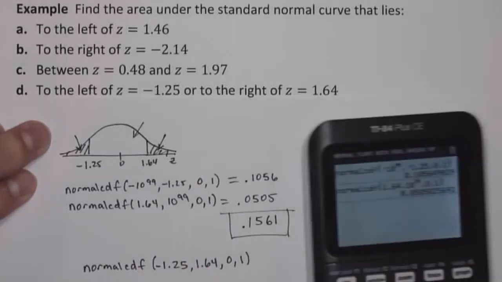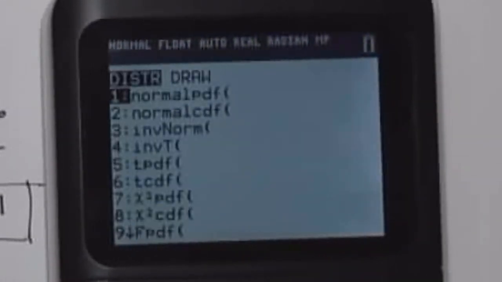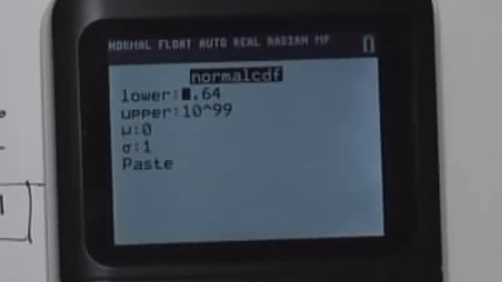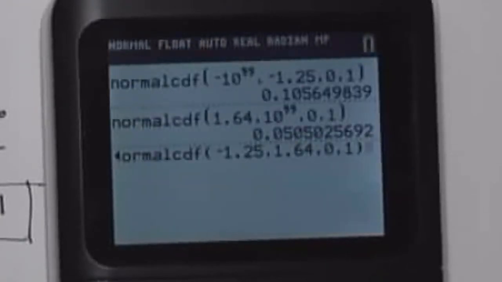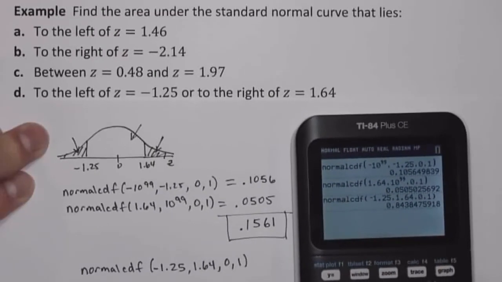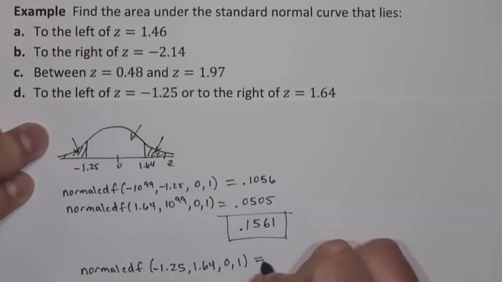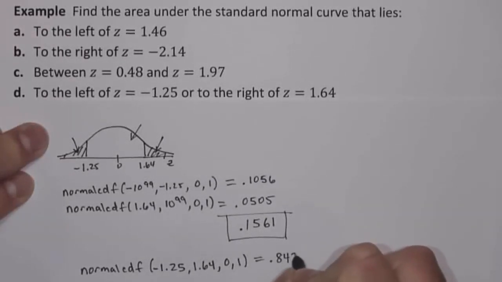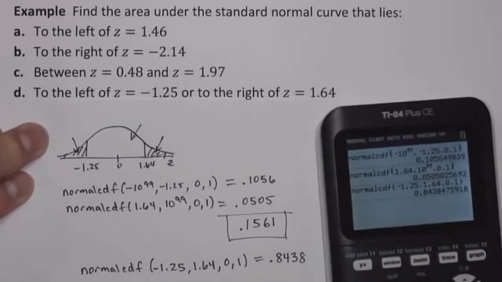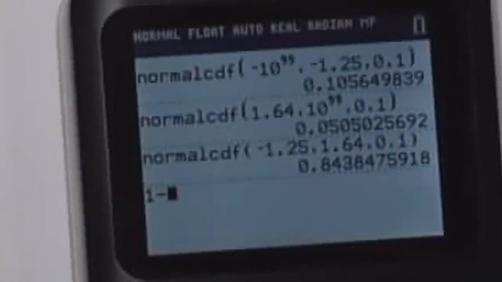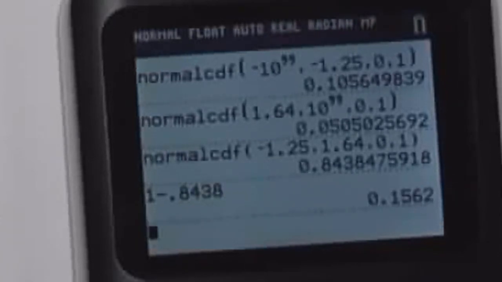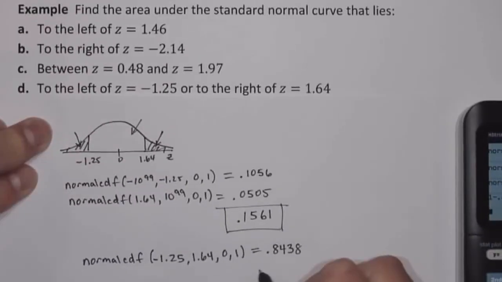So if we do that, negative 1.25 to 1.64. And so that is 0.8438. And so if we do 1 minus that, 1 minus 0.8438, we get 0.1562.